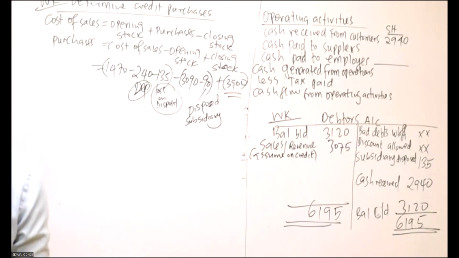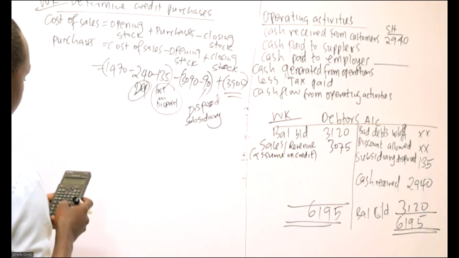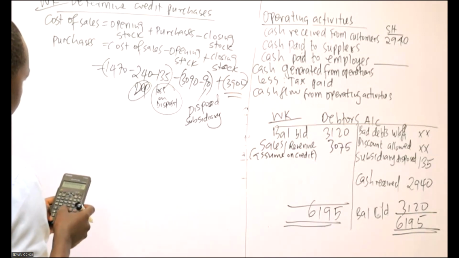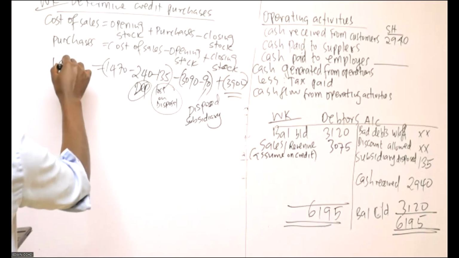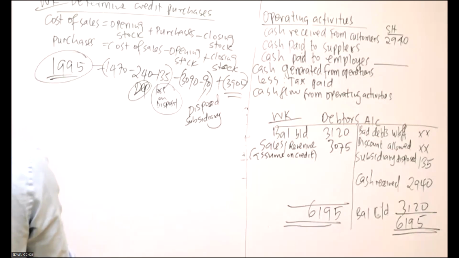So if I do this, 1470 minus 240 minus 135 minus 3090 minus 90 plus 3900, I would be getting here 1995. That is the answer. 1995. So this is the answer.